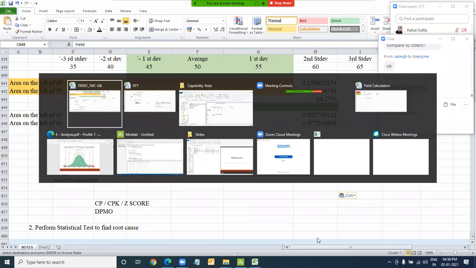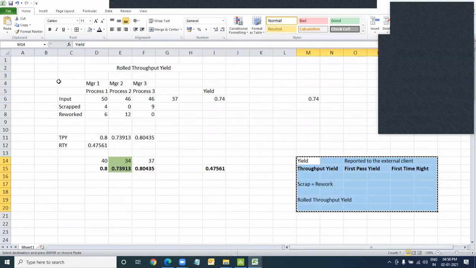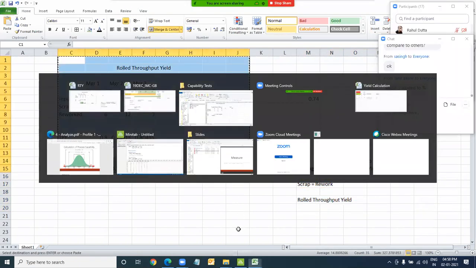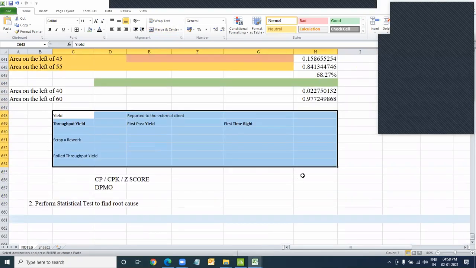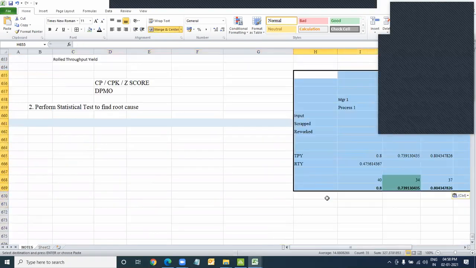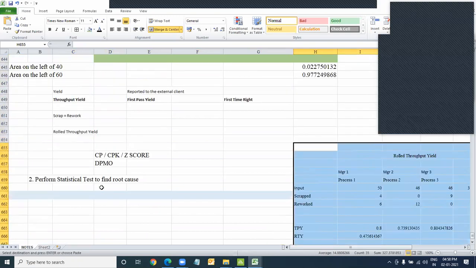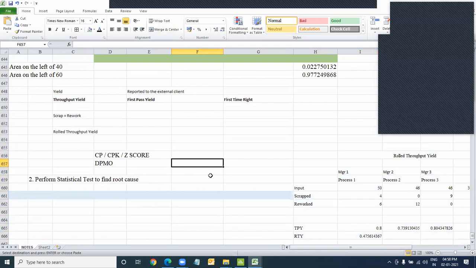First this, and then you have these percentages. So that's how it works for rolled throughput yield and all.